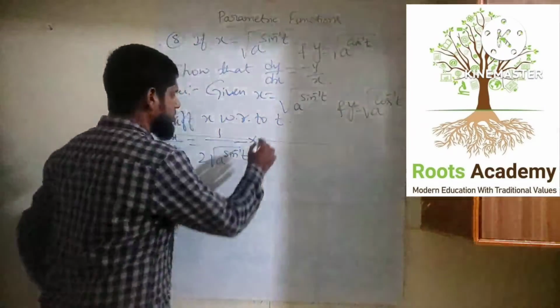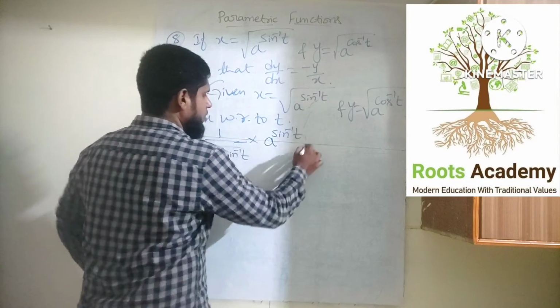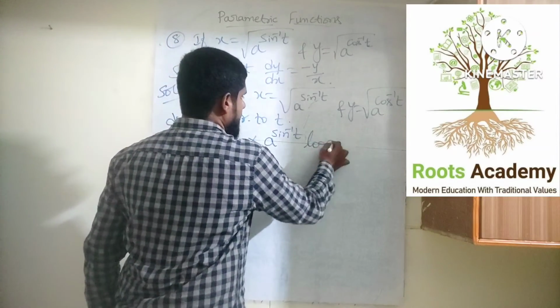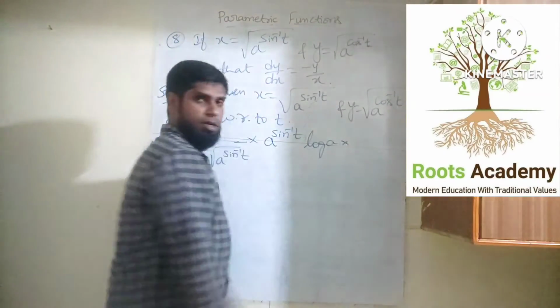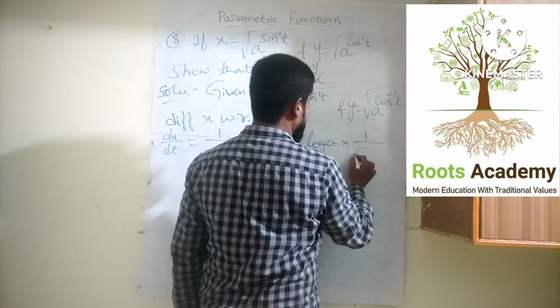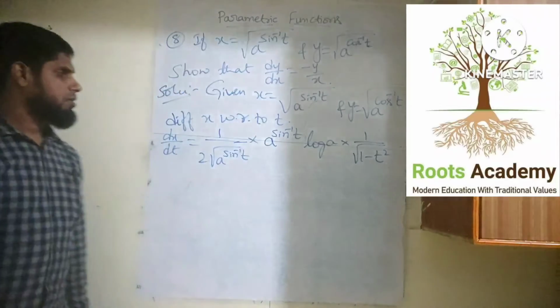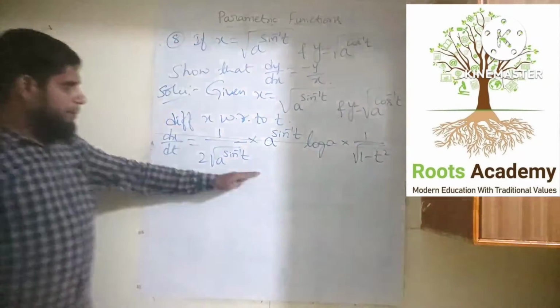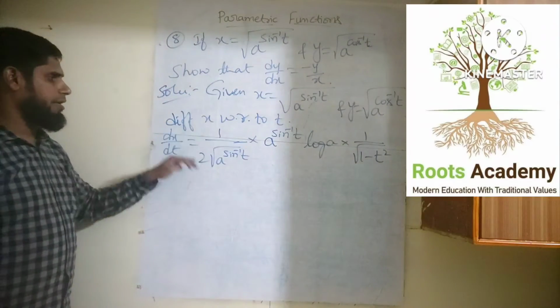Derivative of a power x is a power sin inverse t into log a, into derivative of sin inverse t, which is 1 divided by root of 1 minus t square. So this complete expression is our dx by dt.